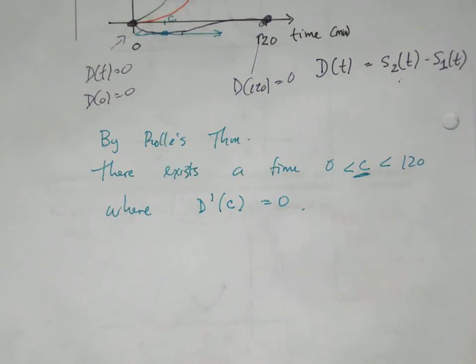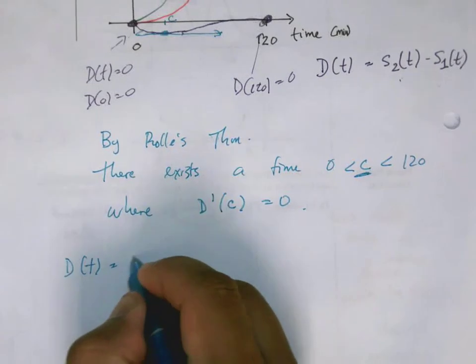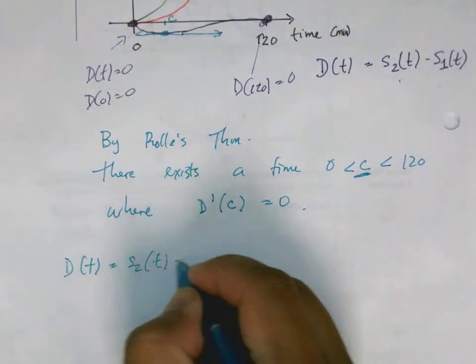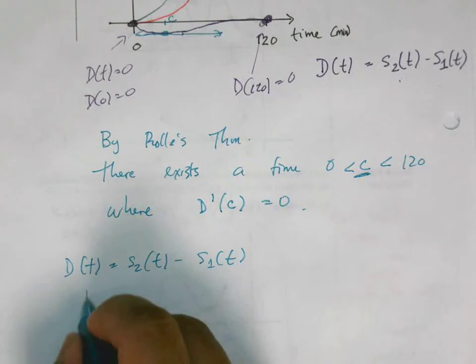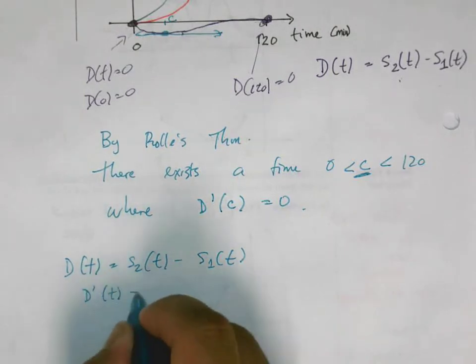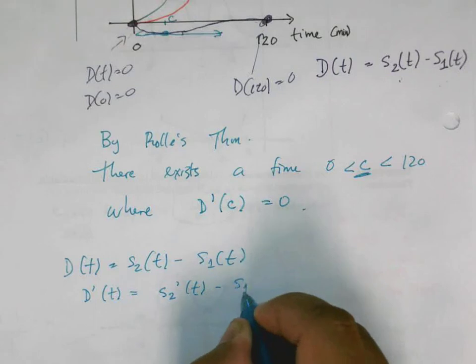So d of t. Remember that d of t is equal to s2 of t minus s1 of t. Okay. And so what that means is that d prime of t must be equal to s2 prime minus s1 prime. Okay, so this is just some basic derivative rules there.